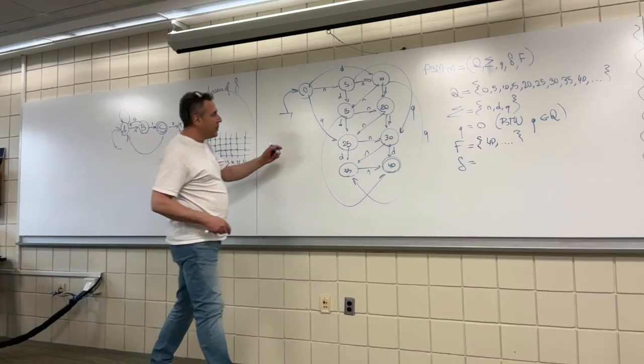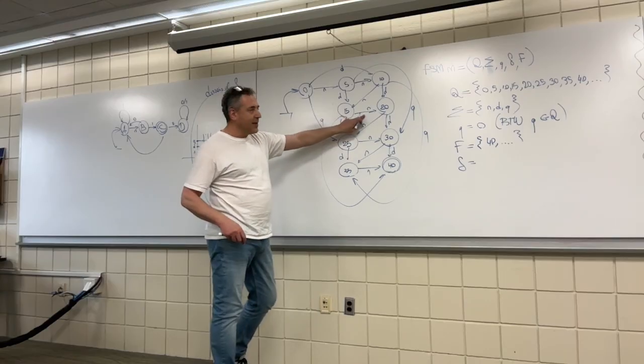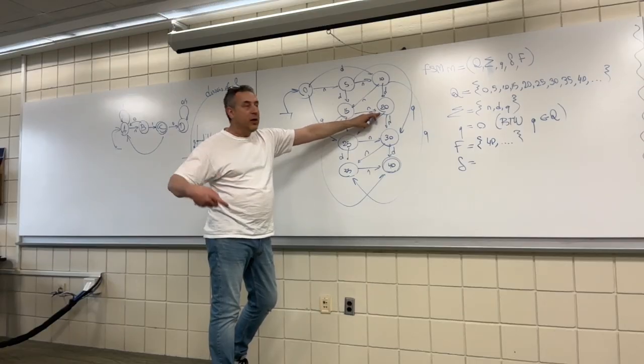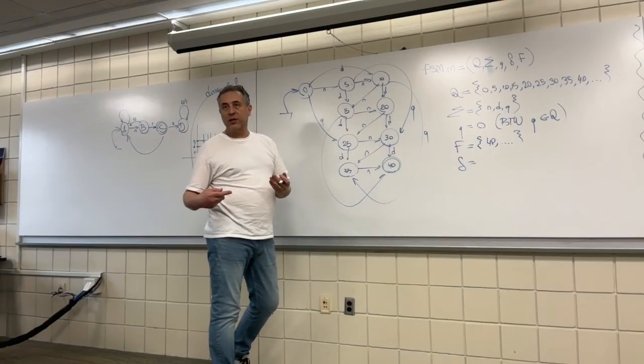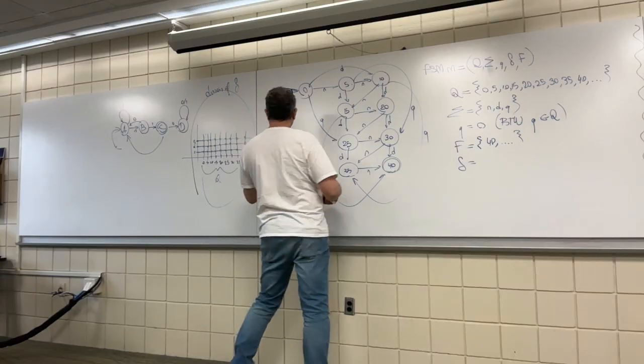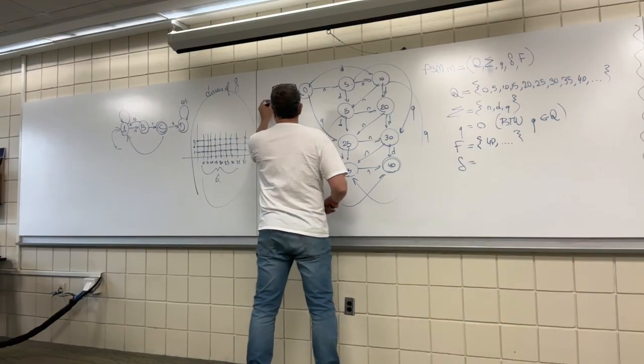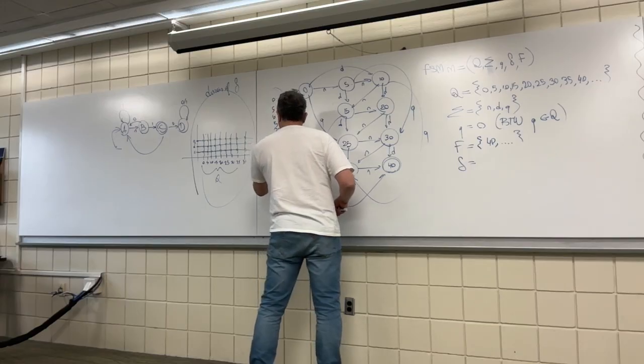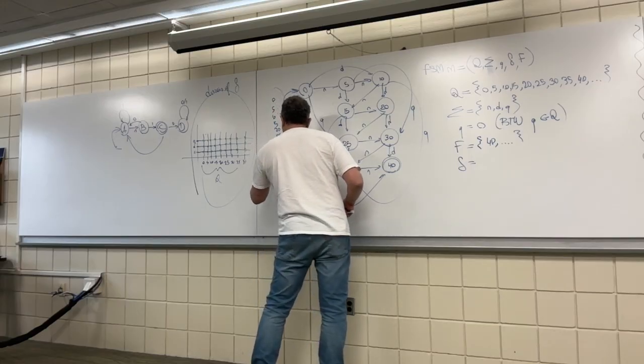The target will be, given a particular state and a letter, where you're going. But notice that the target doesn't have a coin associated with it. It's the current amount. So the target doesn't have a Cartesian product. The target is simply the amounts: 0, 5, 10, 15, 20, 25, 30, 35, and 40.